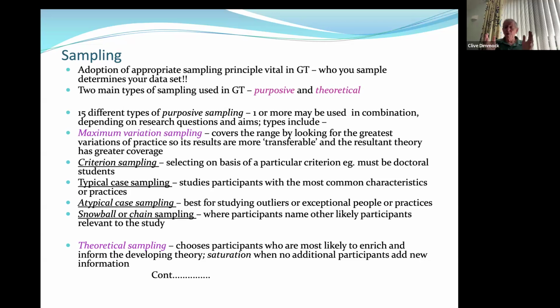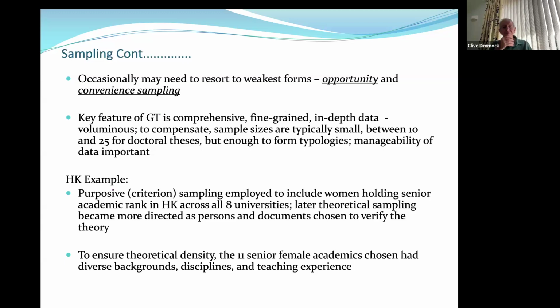So you're covering all the possibilities of it. It sort of accompanies maximum variation sampling because you want to develop your theory. So it's important that you choose and sample people who can maximize and develop your theory as it's emerging.